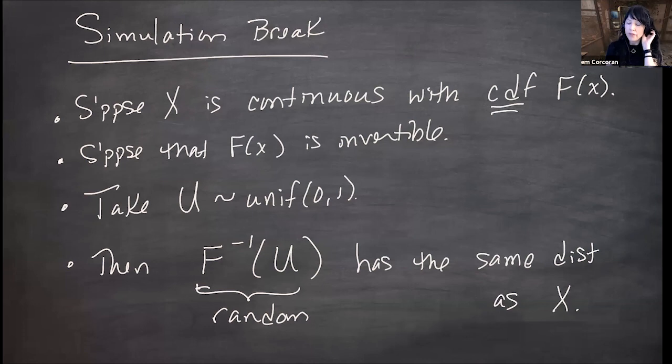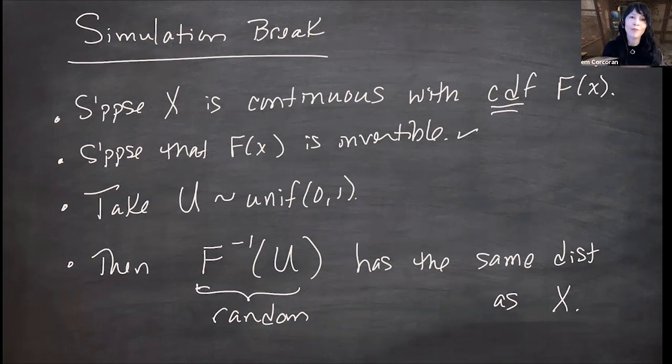Now, CDFs are not always invertible. They are non-decreasing, but they can flatten out and not be strictly increasing. And there are even very common cases where we can't write down the CDF: the normal distribution, everyone's basic continuous distribution. The CDF has no closed form expression. So in that case, you wouldn't be able to simulate in this way.